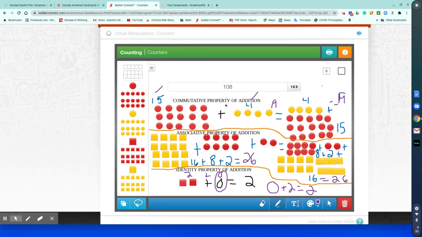All we've done is switch around the two addends, and we get the same sum, and that's 19.